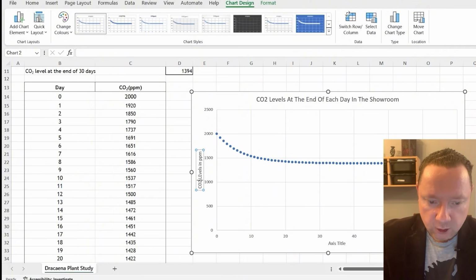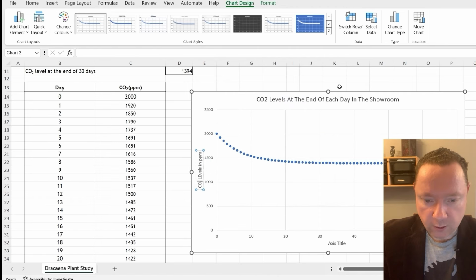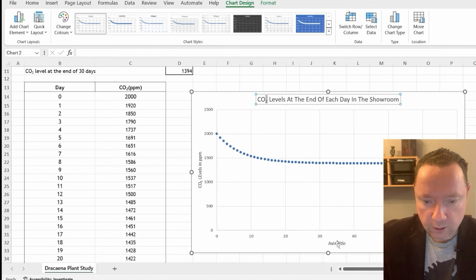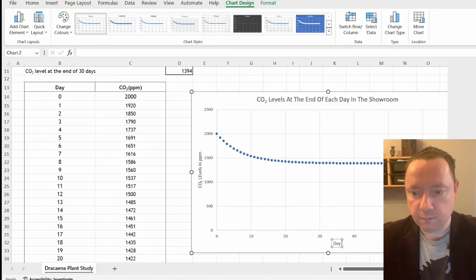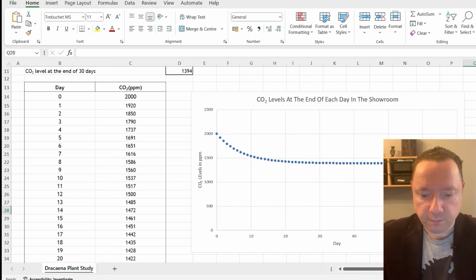I'm going to make that 2 small just because it is a subscript, but you probably won't have to do that. And then this one is just day or end of day. And there you go, we've got a nice graph.